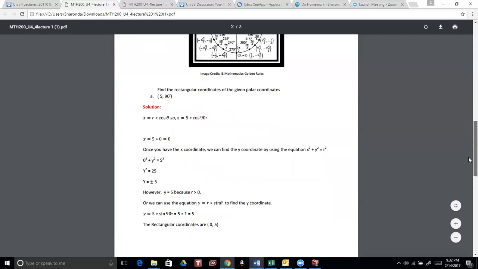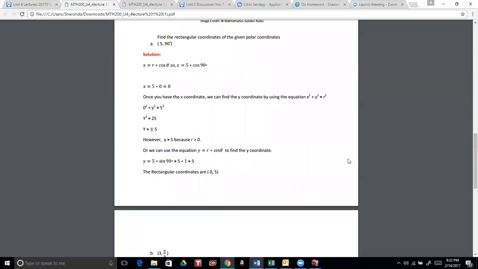If we plug it in and work out the problem, you find that y squared is equal to 25. To find y, you take the square root of both sides, so y is equal to plus or minus 5. However, y is equal to 5 because the radius r is greater than 0.